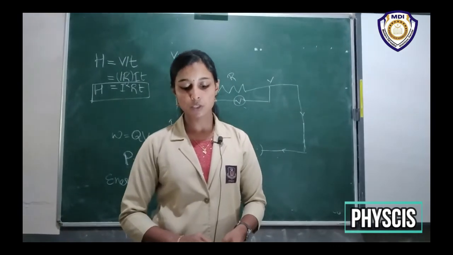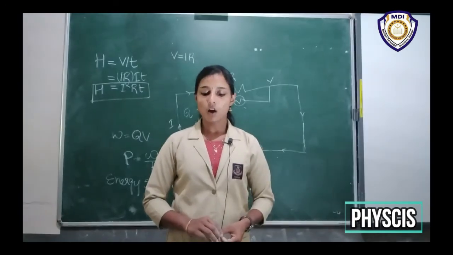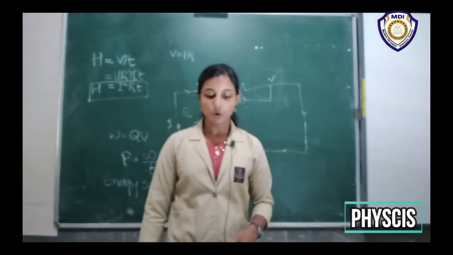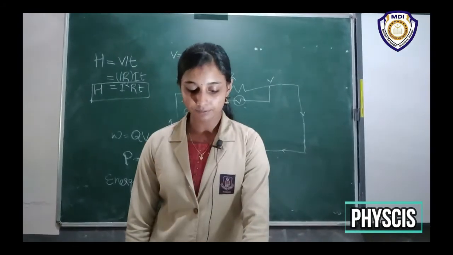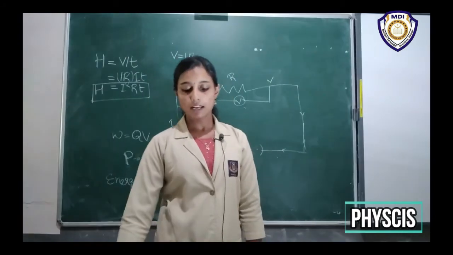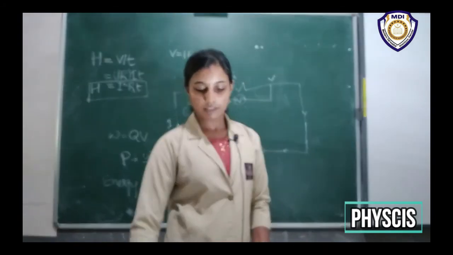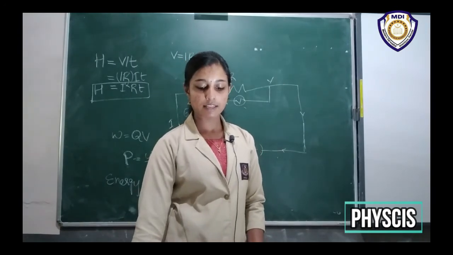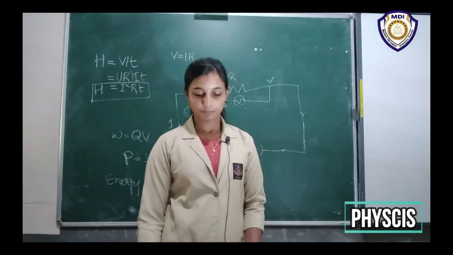The voltage is 220 volt, and what are the current and the resistance in each case? So here the power is given, and we have to find the current and the resistance in each case.